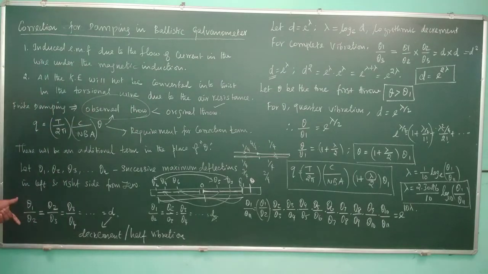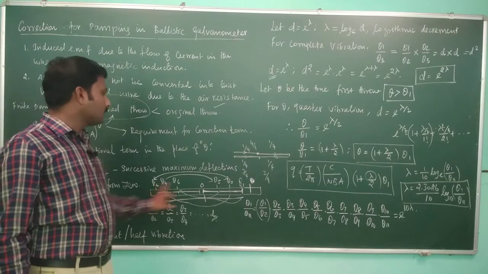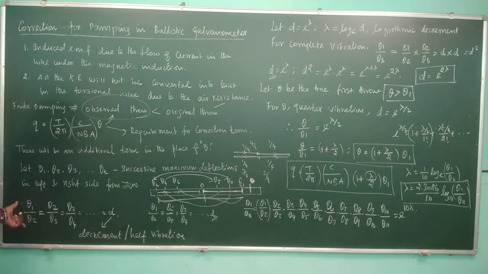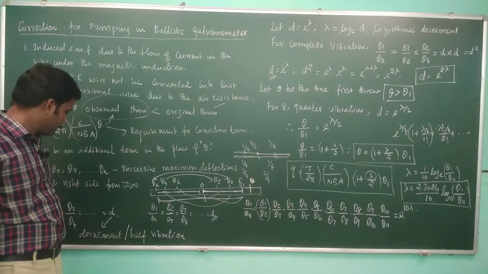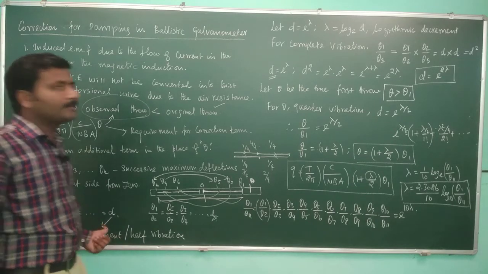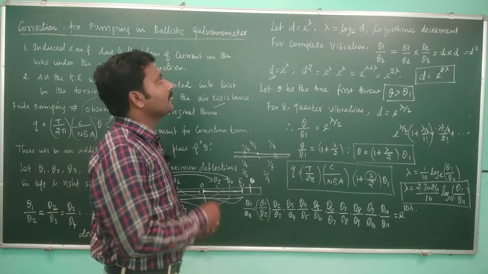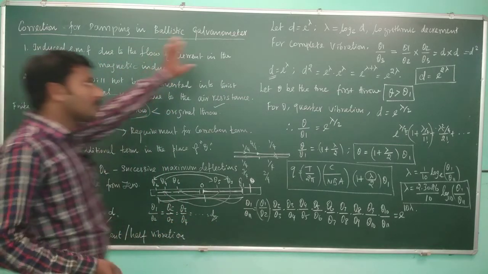Now, if you take the ratio between the half vibrations, which means θ1 by θ2 or θ2 by θ3 or θ3 by θ4 and so on, and take all such ratios, that will lead to a constant which we have denoted as d. That is called the decrement per half vibration. If we define that decrement value as e power lambda, then lambda becomes log e of d, which is called the logarithmic decrement. This is for half vibration.